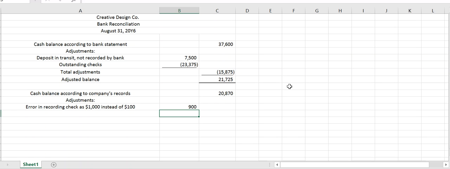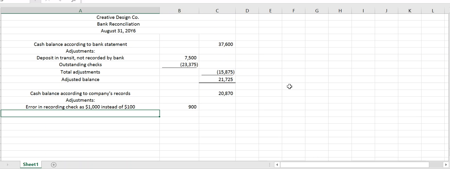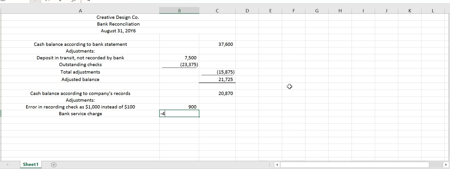If the reverse was true, if we had only recorded that check that we paid out as $100 and it was $1,000, then we wouldn't subtract away $900. But again, the error kind of works in our favor here. And then we also had a bank service fee. And we know that bank service fee is going to reduce our cash value.